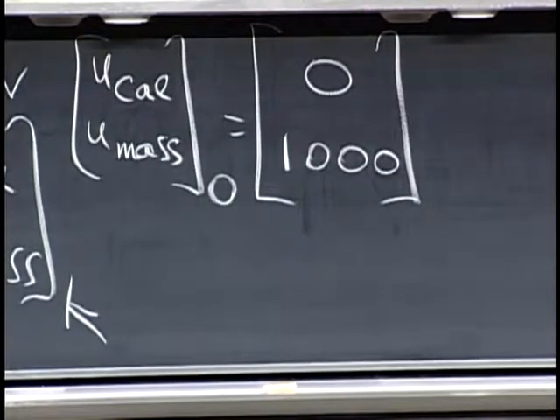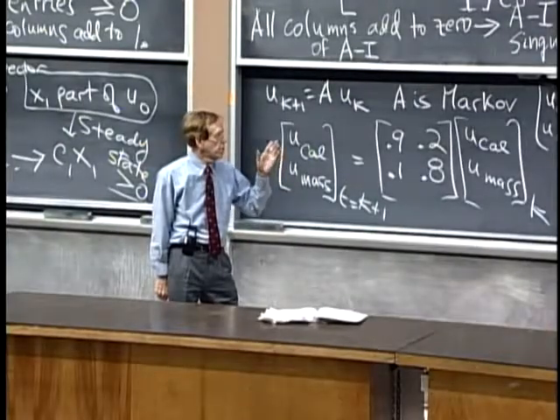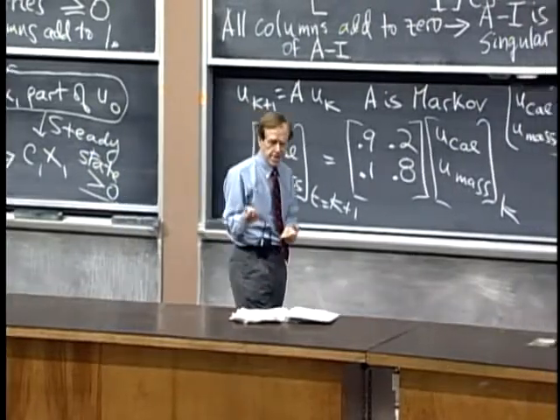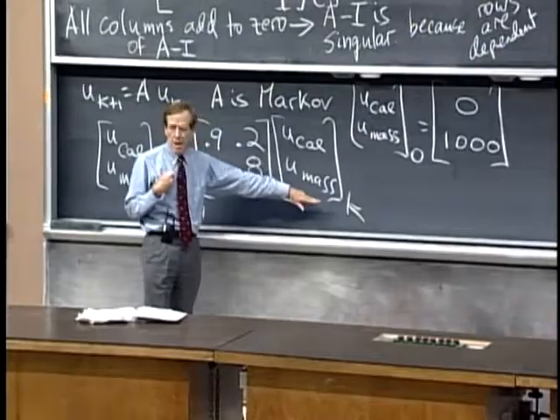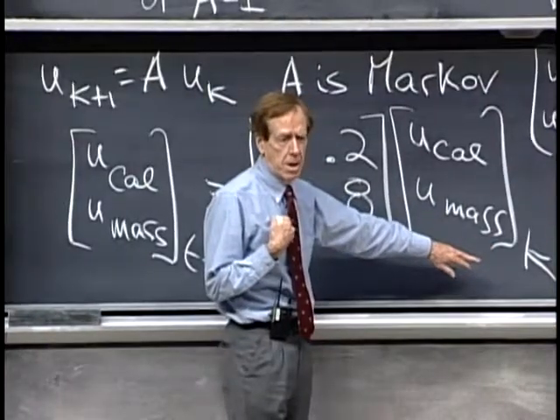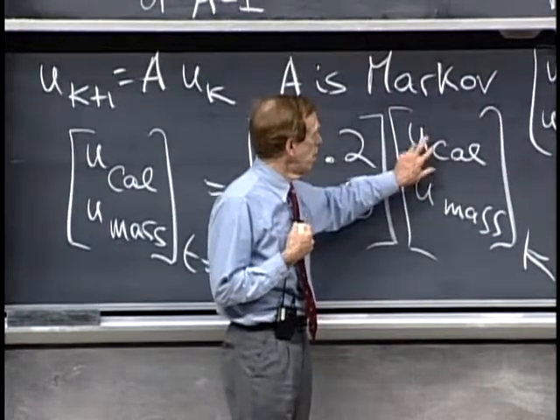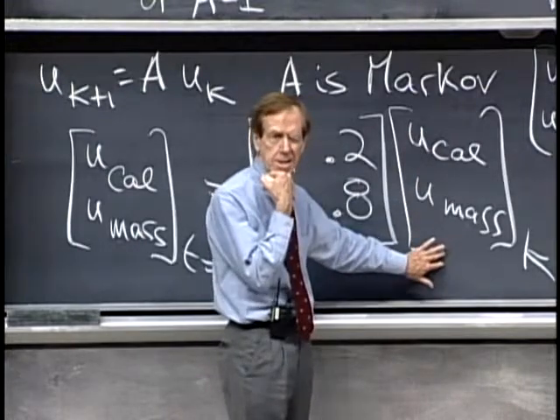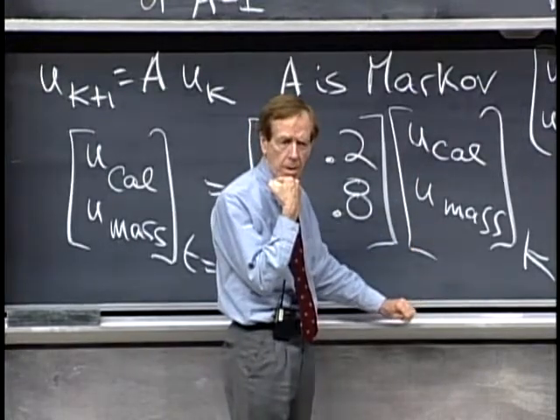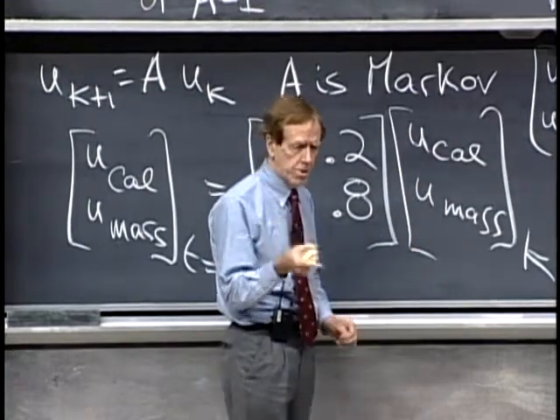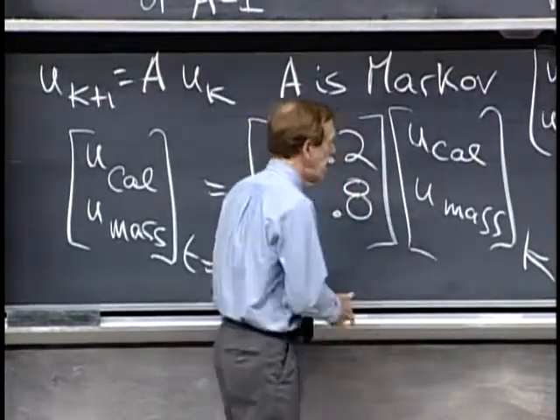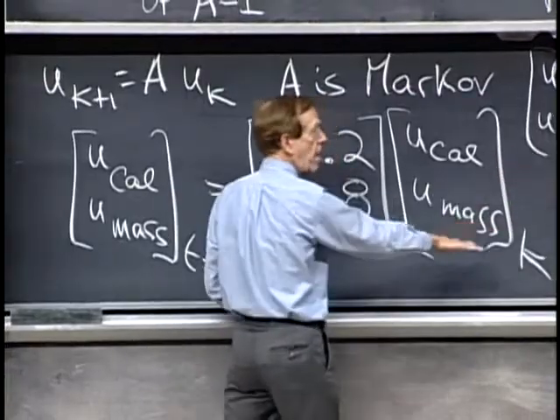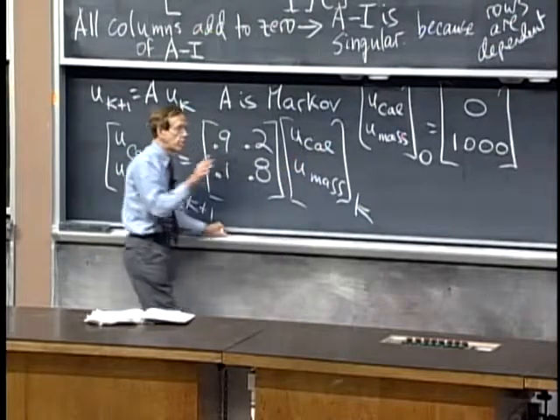So the populations are 0 and 1,000 at the start. What can you tell me about this population after k steps? What will U Cal plus U Mass add to? 1,000. Those 1,000 people are always accounted for. But U Mass will start dropping from 1,000, U Cal will start growing.